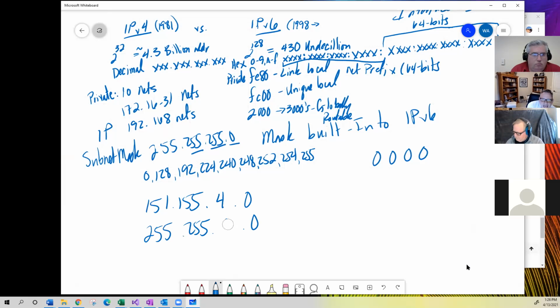And if I change that to a 128, which is that one there, then that makes 2 networks, and each of them is 32,000 apiece. And if I change it to a 192 right there, that makes 4 networks of 16,000 apiece. See what I mean?